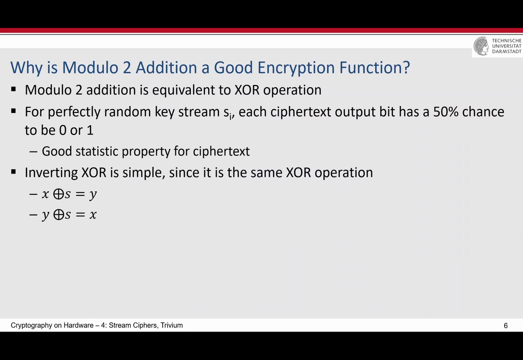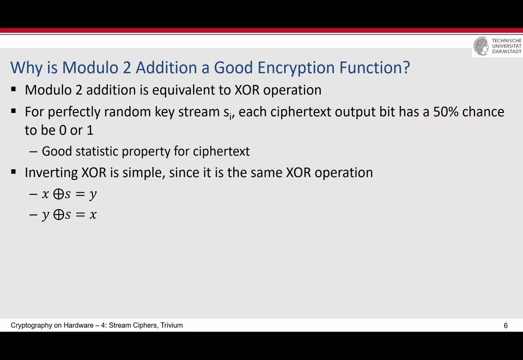This is, I think, very clear to you, but as a reference, why modulo 2 or XOR is a good encryption function. For a perfectly random key stream s_i, each ciphertext output bit has a 50% chance to be 1 or 0.